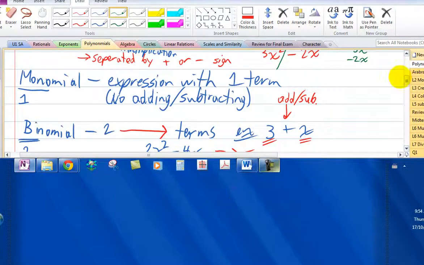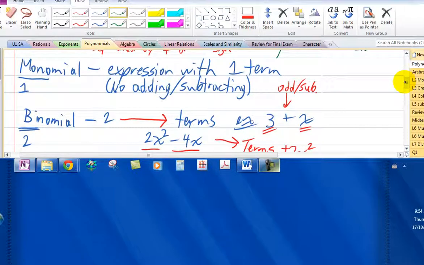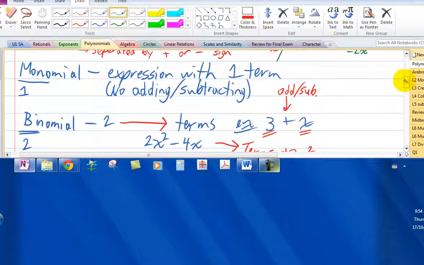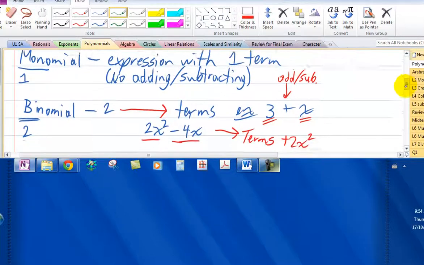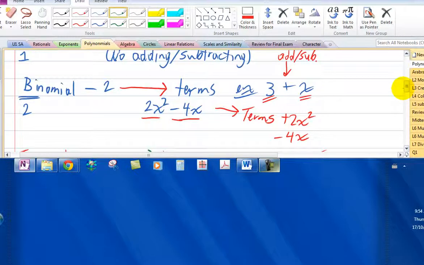Now we have another expression here. We have 2x squared minus 4x. And the terms are 2x squared and negative 4x. So again, I'm going to use my green pen, and that's where the terms are separated. So that negative sign or subtraction sign belongs with the 4, and that's why we have a negative 4x.